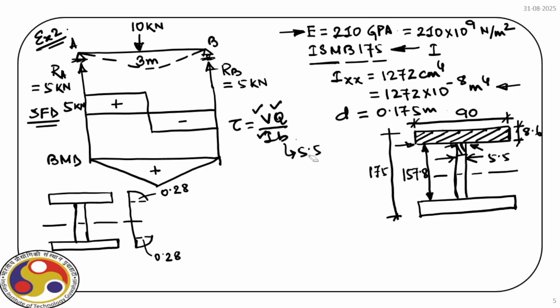So we can easily find out the expression for tau. For that, what we have to do, 0.28 multiplied by the old B, so we had 0.09 and then divide it by the new B, which is the thickness of the web, 5.5 divided by 1000.